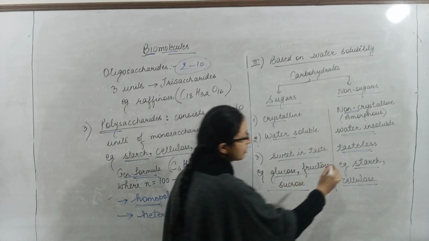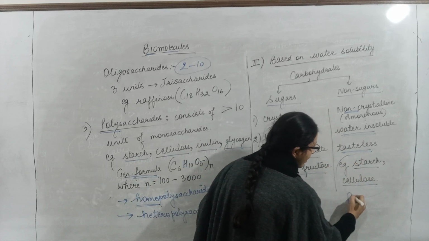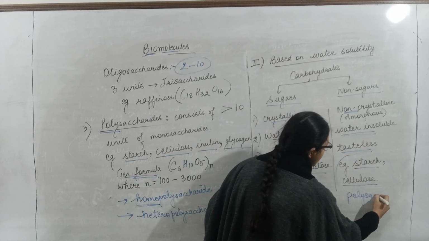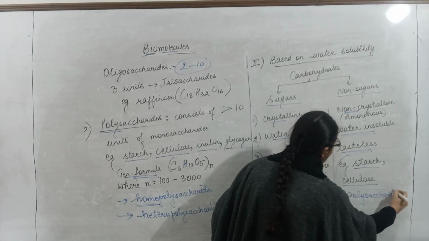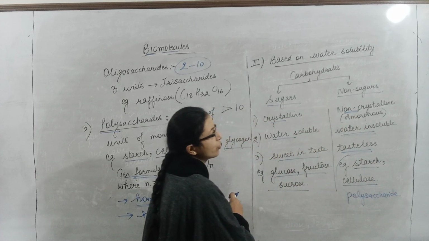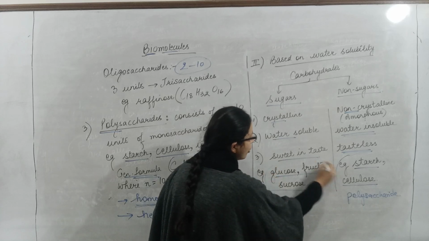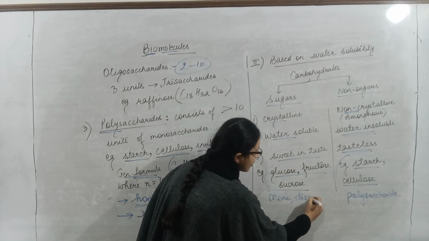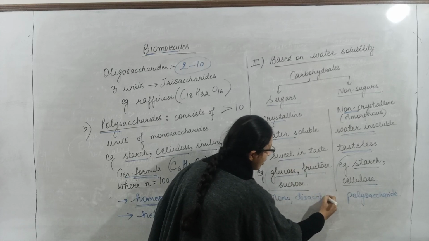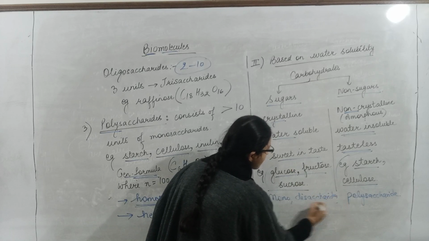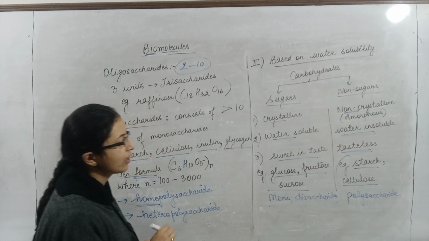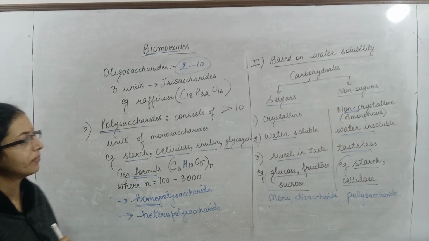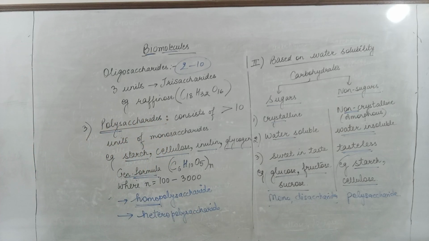So what comes in this category? Polysaccharides. Polysaccharides are generally referred to as non-sugars, and your monosaccharides and disaccharides fall under the sugars category. They are termed sugars because they are sweet in taste and water soluble. Go through the classification.